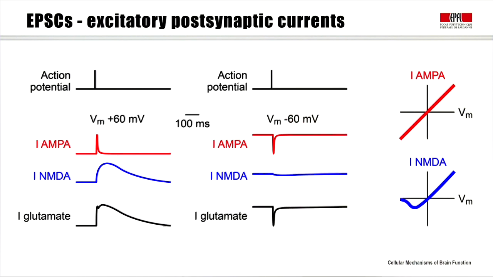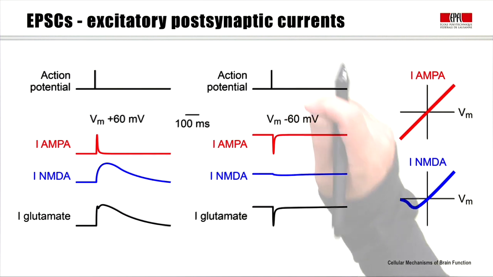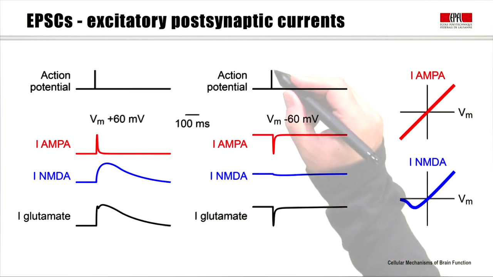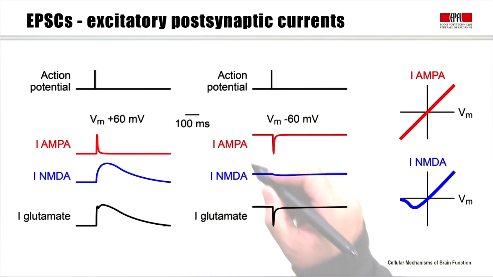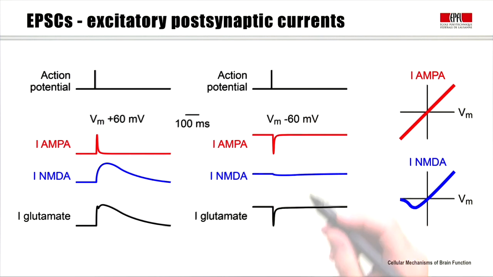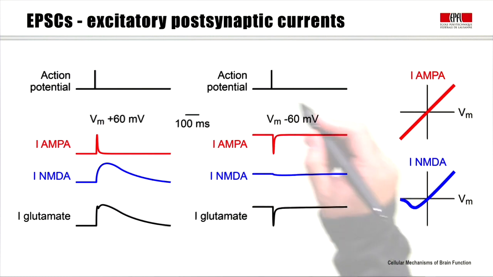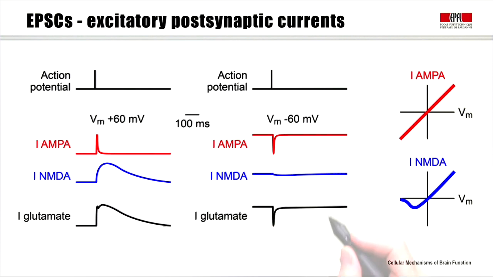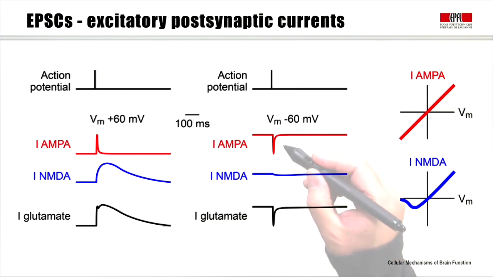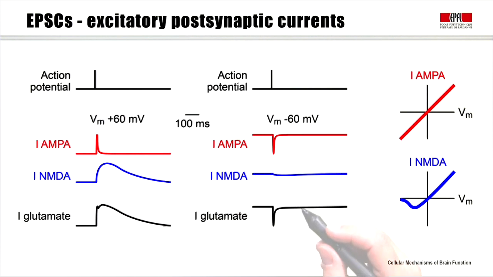So the action potential invades the presynaptic nerve terminal, it releases glutamate, and with a short delay of around 1 millisecond, there's an activation of the postsynaptic glutamatergic currents. And at a negative membrane potential postsynaptically, the total synaptic current that's recorded here is brief and fast, and it is almost entirely dominated by the AMPA component.